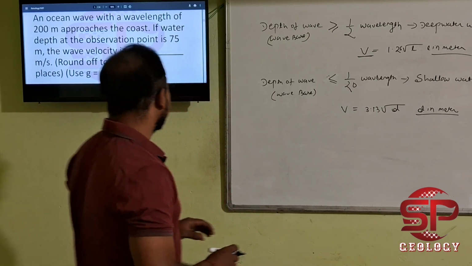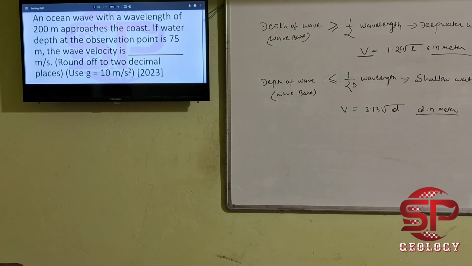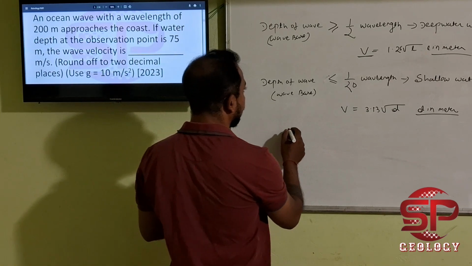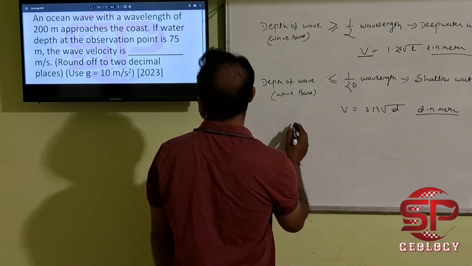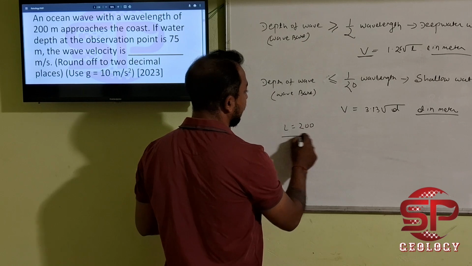In the question, 75 is given as the depth, and the wavelength is 200 meters. So L is 200 meters.